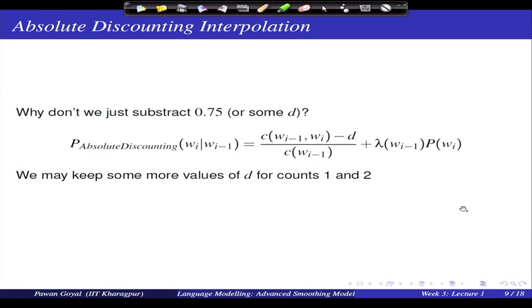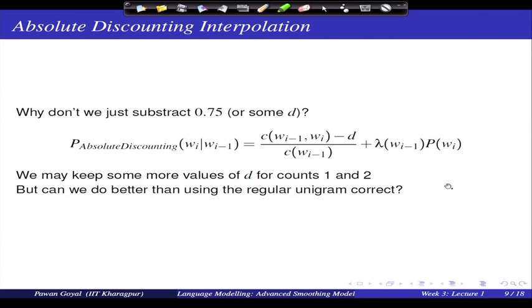We can keep some values of d for counts 1 and 2, and otherwise use this particular interpolation method. Now that's where the idea of our other advanced smoothing model comes in. That was our Kneser-Ney smoothing method. So what is that?